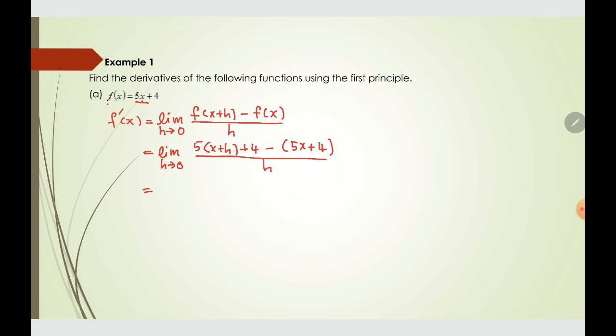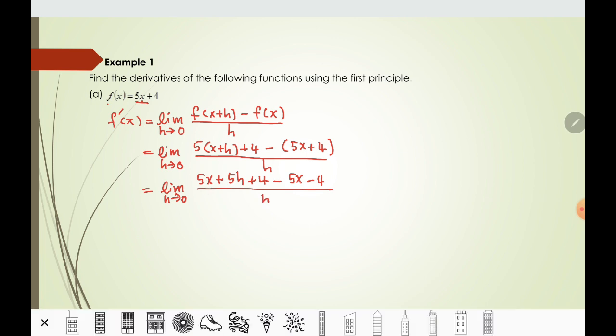Okay, so for 5 and then the bracket x plus h here, you need to expand. When you expand, you will get 5x plus 5h plus 4 minus, open the bracket, 5x plus 4, over h. Here we need to simplify.